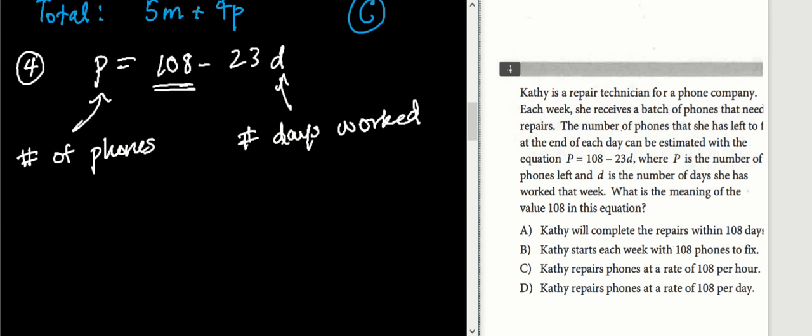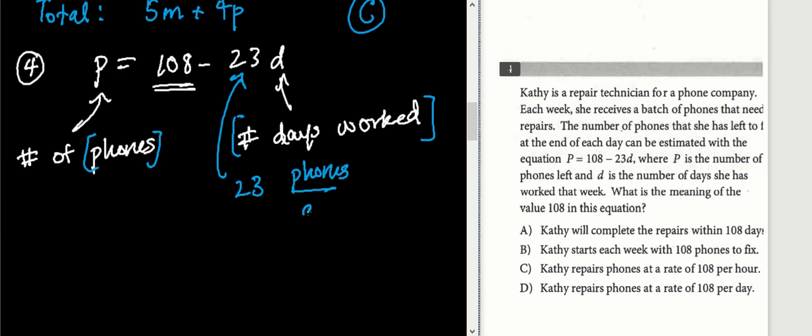And in this problem, we're asked to interpret the meaning of this 108. The way to think about this problem is, again, unit analysis will play a big role here. We're told that P has units of phones. And since D has units of number of days worked, 23 in this case, although it's a coefficient, has these invisible units of phones per day.